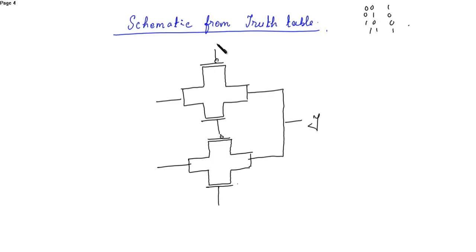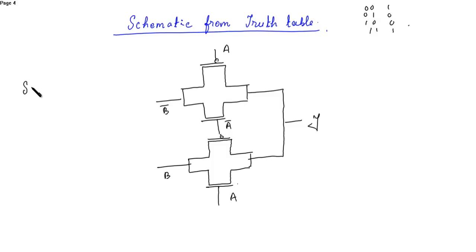So we give the input as B bar. This is your A, this is A, this is A bar. So this is the normal schematic, not the twisted one, using the truth table, that is using the transmission gate.